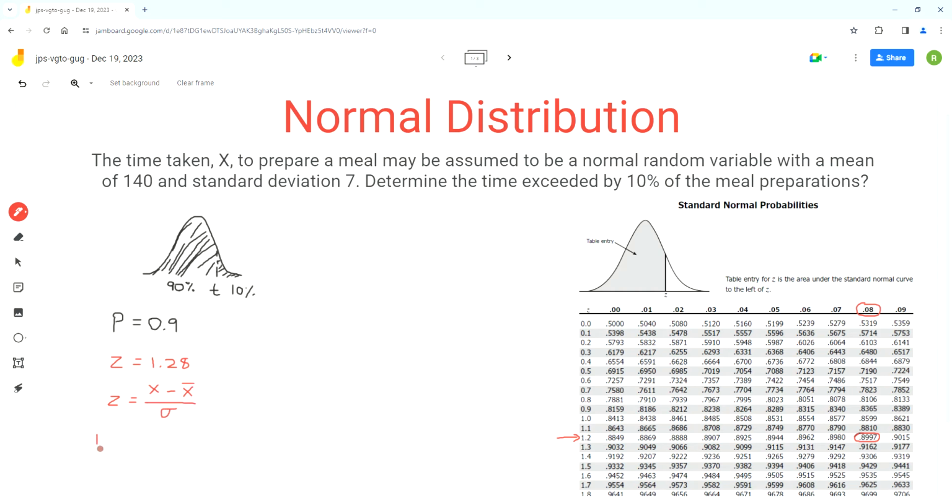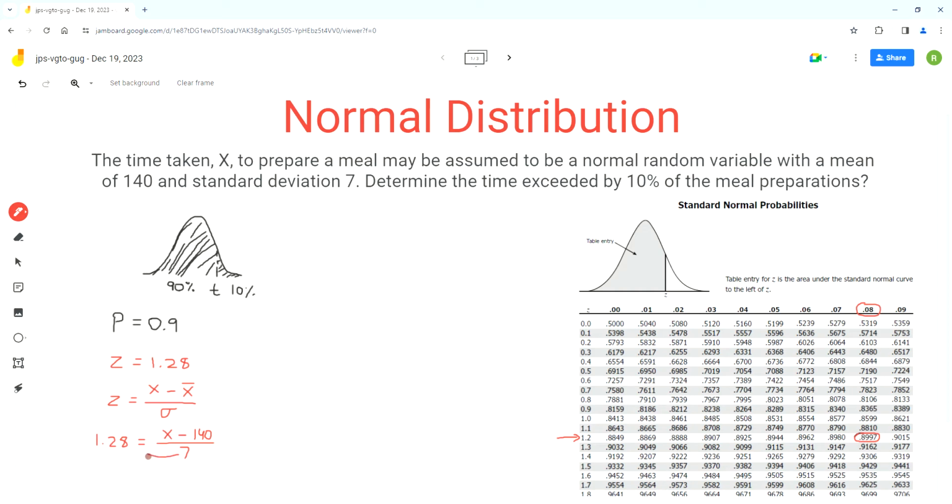Here we know that the z-score for the time that is exceeded by 10% of the meals is 1.28, equals x, which we have to solve for to find the time, minus the mean, which is given as 140, over the standard deviation, which is 7. This is a very important concept you need to understand and memorize to get this equation. And now we have to solve for x.